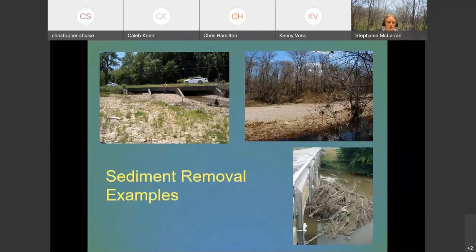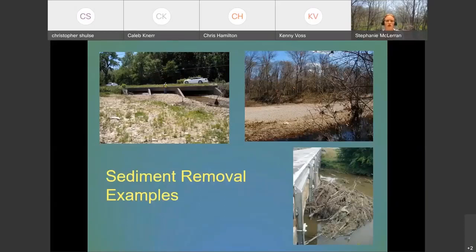Here are some examples of the sediment removal I mentioned that falls under that permit. That upper left picture actually used to have 11 feet of clearance when that culvert was built. So you can see they had to go in there and remove sediment. In situations like this, most of the time, it falls under a no PCN.